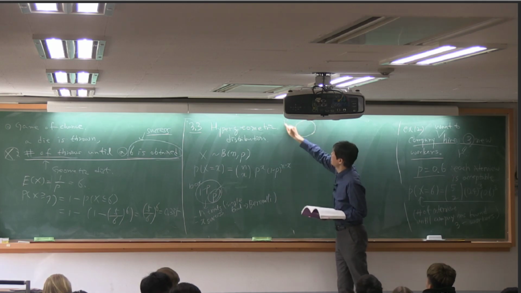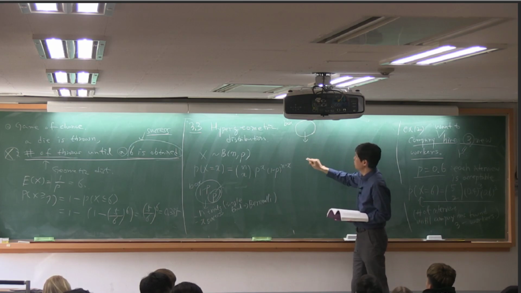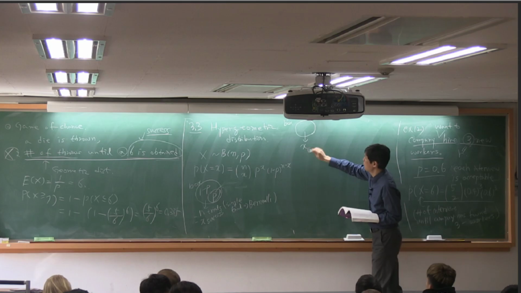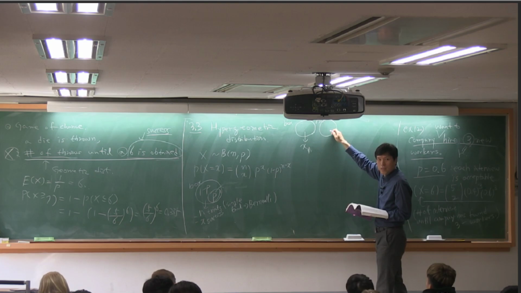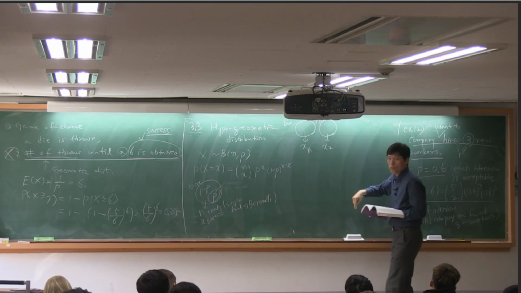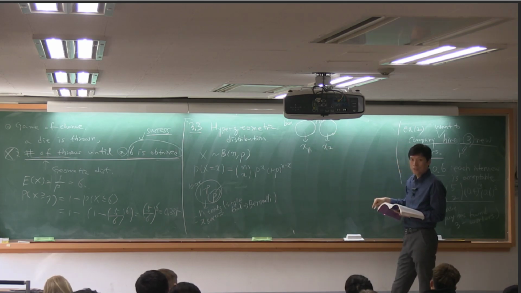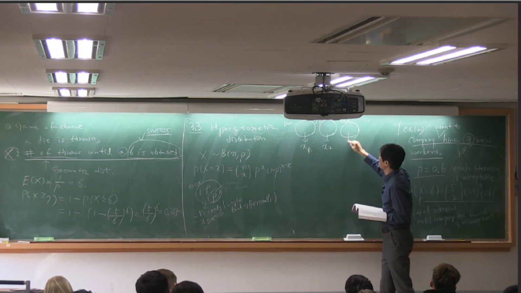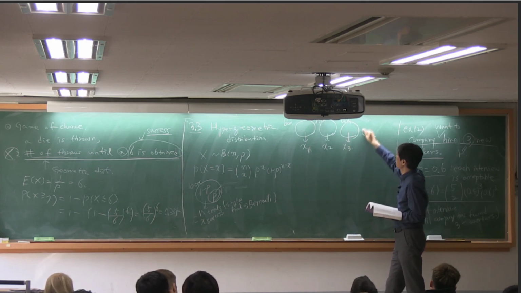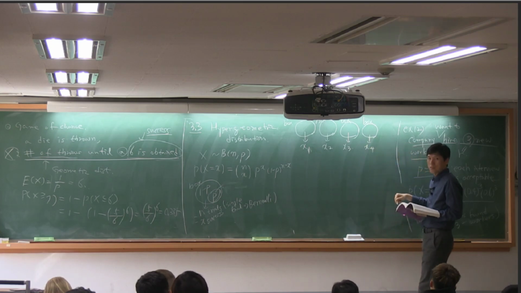Suppose you have a box. You have x1 successes. You have another box containing a defective chip, and you have x2 successes. Another box, you have x3 successes. Another box, x4 successes.